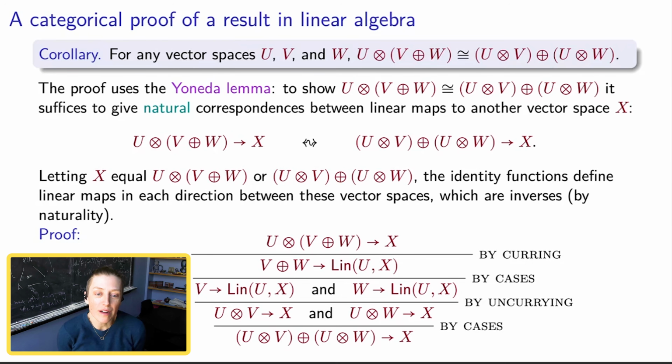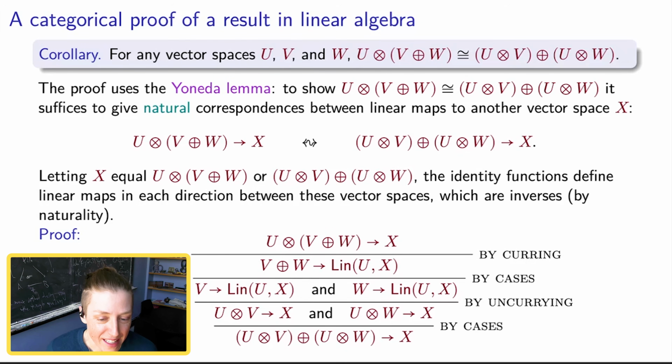So if we start with a linear map from the tensor product, so U tensor V direct sum W to X, then there's an operation that you might know of as currying if you've got a background in computer science.